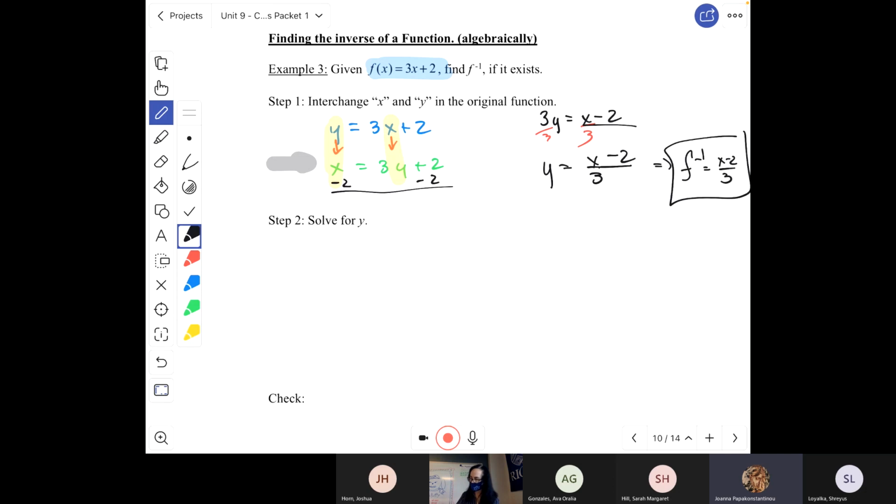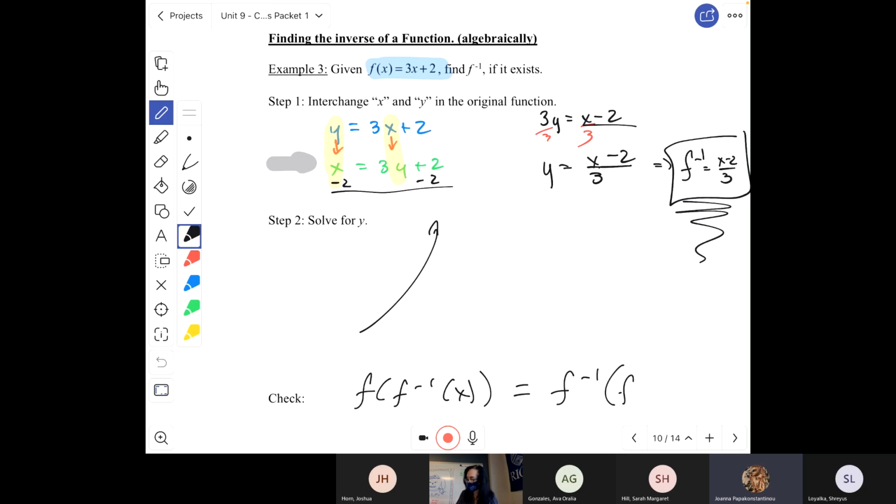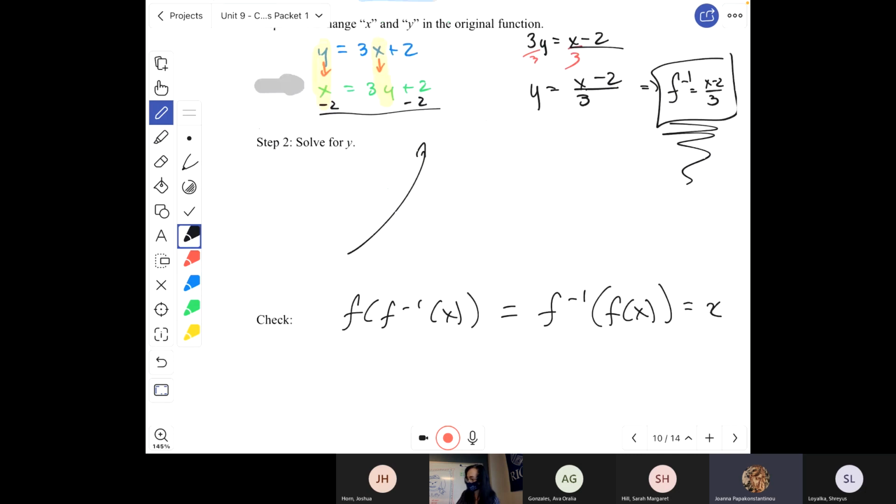That was supposed to go up here, but we did it. Now, how could I check that this is in fact the inverse, that I did it correctly? Exactly. But in this case, our g is the f inverse that we found.